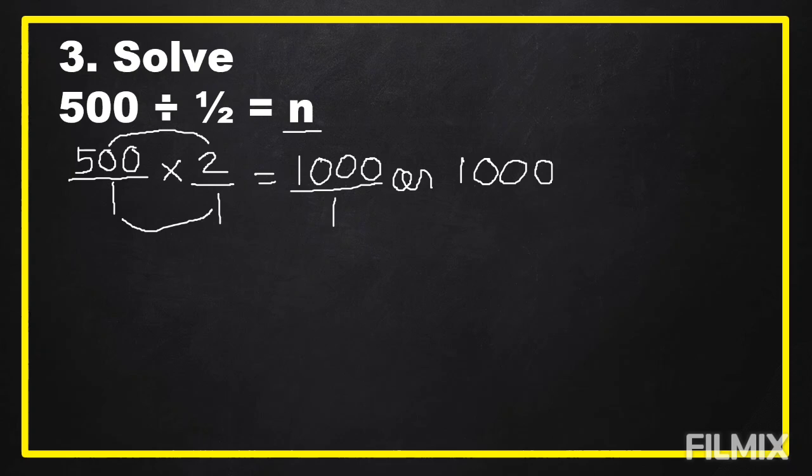Another way of getting the answer is by using cross multiplication. Again, we're going to put a denominator of 1 to our whole number, 500 over 1, divided by 1/2. Then, just cross multiply. 500 times 2, the answer is equal to 1,000.